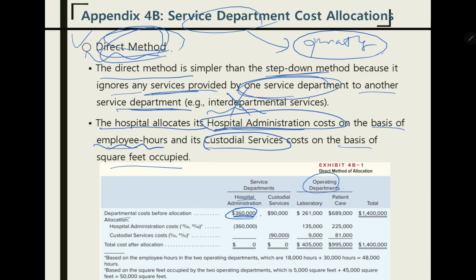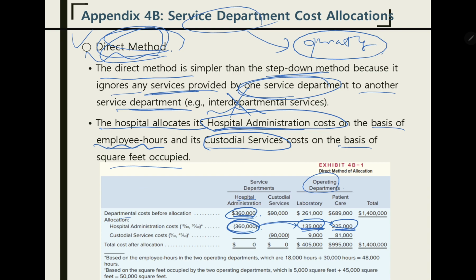Okay, then these 360,000 should be allocated to laboratory and patient care. So 135,000 is allocated to laboratory and 225,000 is allocated to patient care.